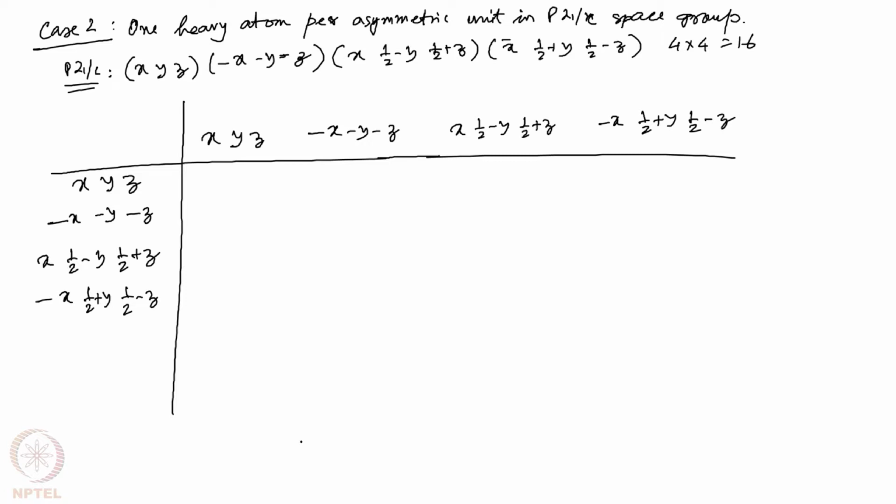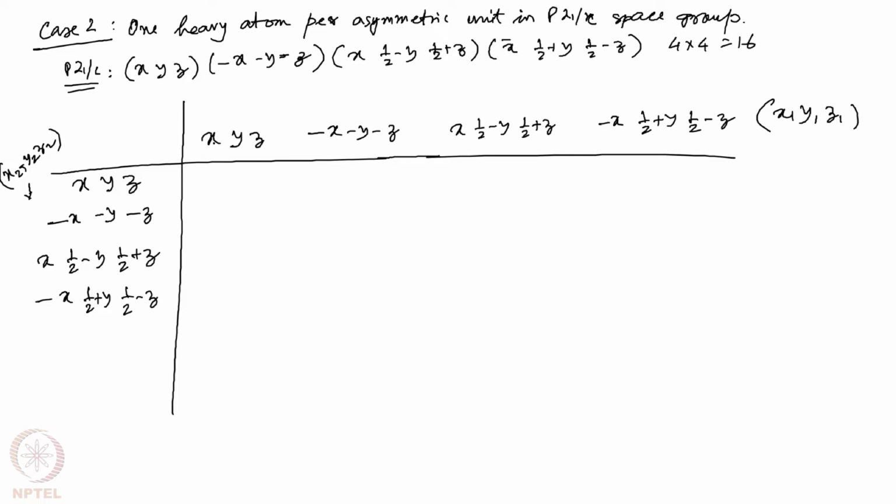Now if we assume that this set corresponds to x1, y1, z1, and this set corresponds to x2, y2, z2, then what we will write in the blank space is x1 minus x2, y1 minus y2, z1 minus z2.